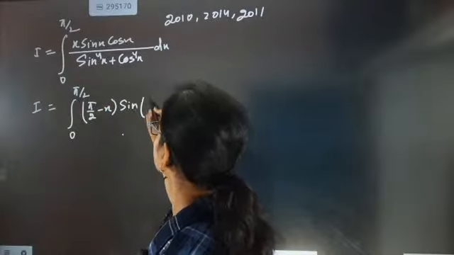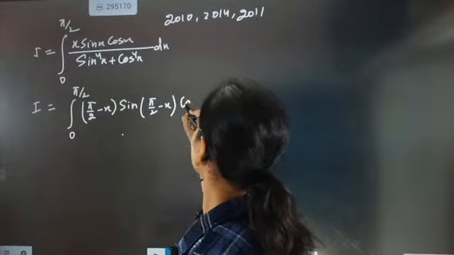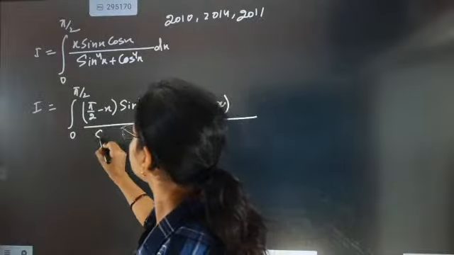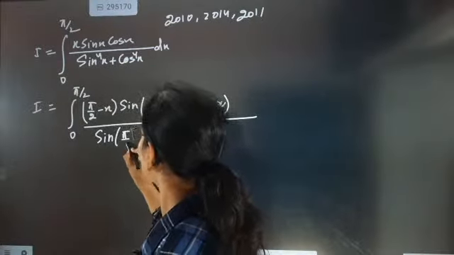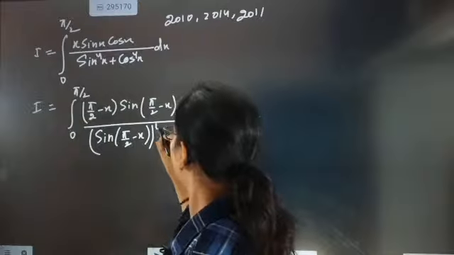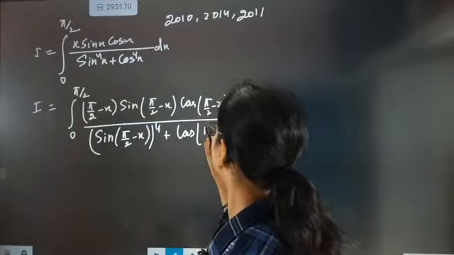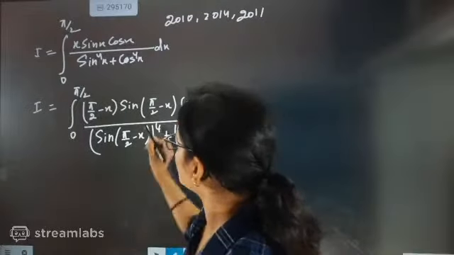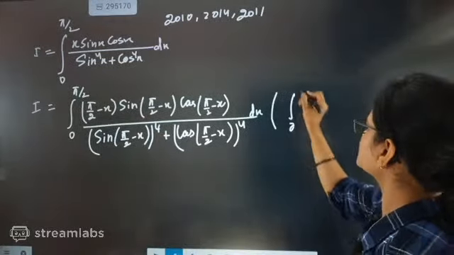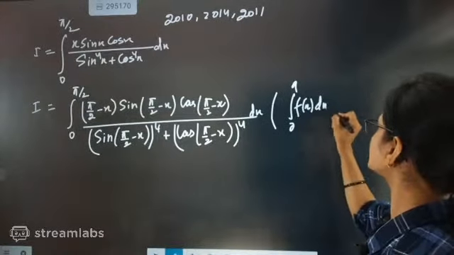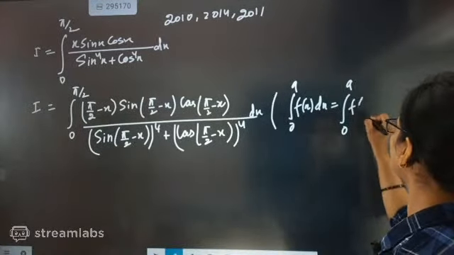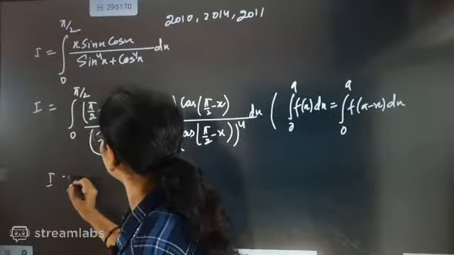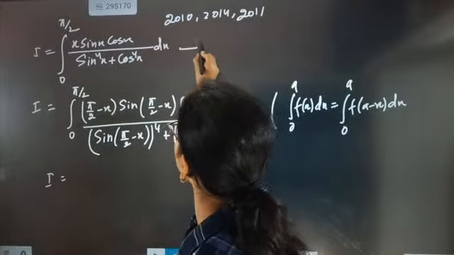This part will come as pi by 2 minus x times cos of pi by 2 minus x by sin pi by 2 minus x to the power 4 plus cos pi by 2 minus x to the power 4 dx. So now what property have I applied? We know that integral 0 to a of f of x dx will be equal to integral 0 to a of f of a minus x dx. This property applied. So now everything is going to be the same, no problem, but we are going to add. This is exactly equation 1.